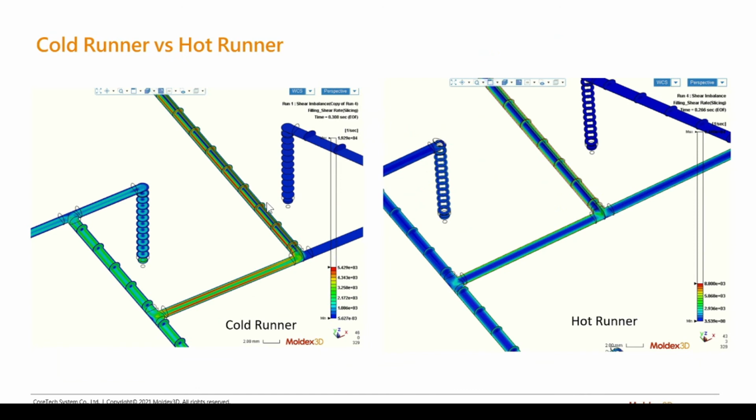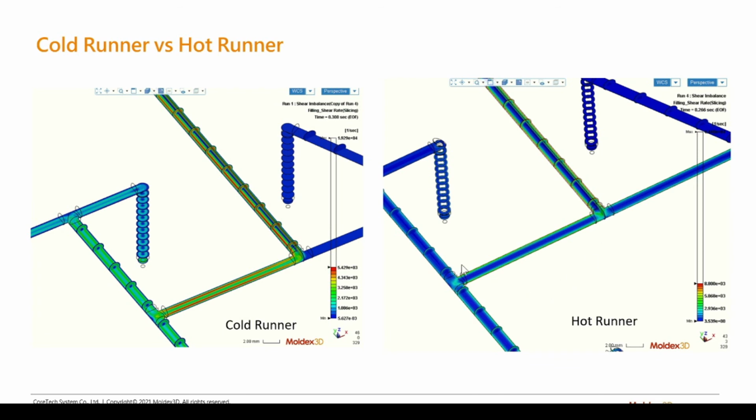All right, looking at a cold runner versus a hot runner, the plots themselves look a little bit different, but both plots show the exact same phenomenon. So again, these are both shear rate. Left side is a cold runner, right side is a hot runner. In a cold runner, you see that shear ring through the middle. However, in a hot runner, there is no frozen layer, so the velocity gradient starts directly from the mold steel.